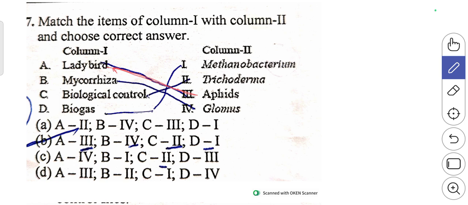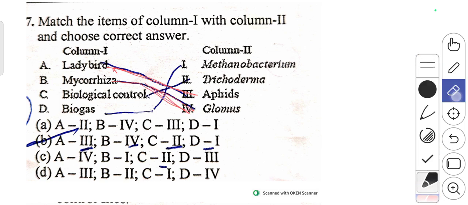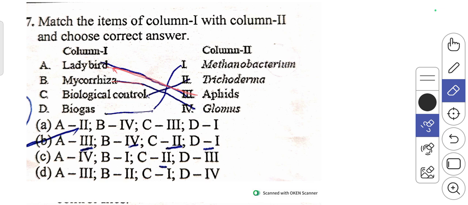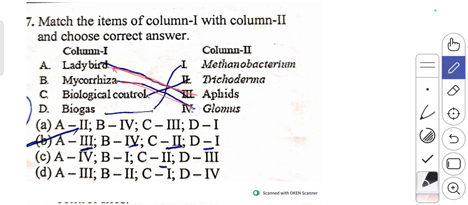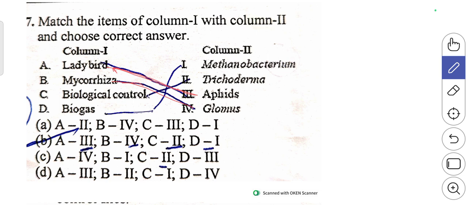Then mycorrhizae, it is a fungal association with the root nodules. Mycorrhizae will form a glomus. So the fourth one is the right answer here, glomus. Then biological control. Sorry, this ladybird aphid can be considered as a biological control agent.